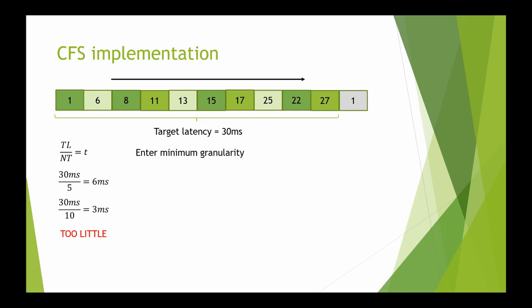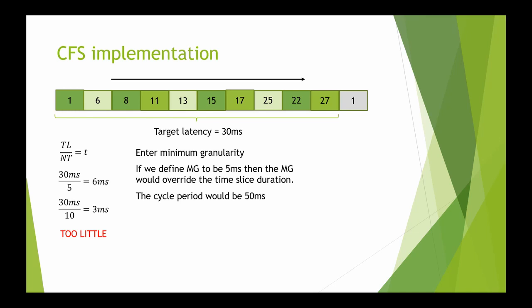Let's imagine that we define the minimum granularity to be 5 milliseconds. Then, as the minimum granularity would be larger than what is allocated by our formula based on the target latency, the minimum granularity would override the time slice duration. In this case, the cycle period would actually be 50 milliseconds instead of the target latency, which is 30 milliseconds.